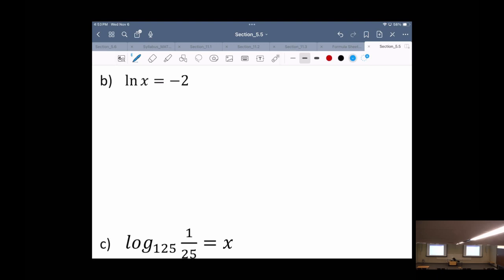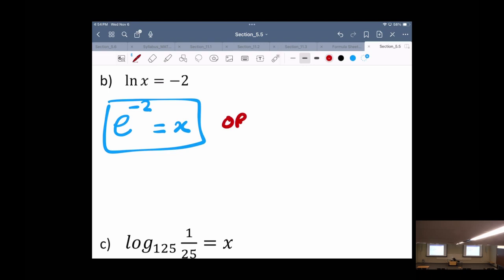In this case, because we have a natural log, the base has to be e. We know log or natural logs produce an exponent. So -2 is an exponent. Let's write this in exponential form once more. So e to the -2 power is equal to x. We can actually leave the answer like that. We've already solved for x.